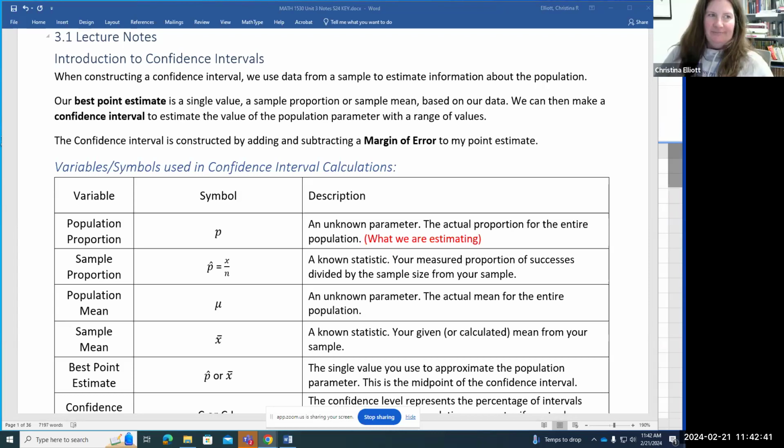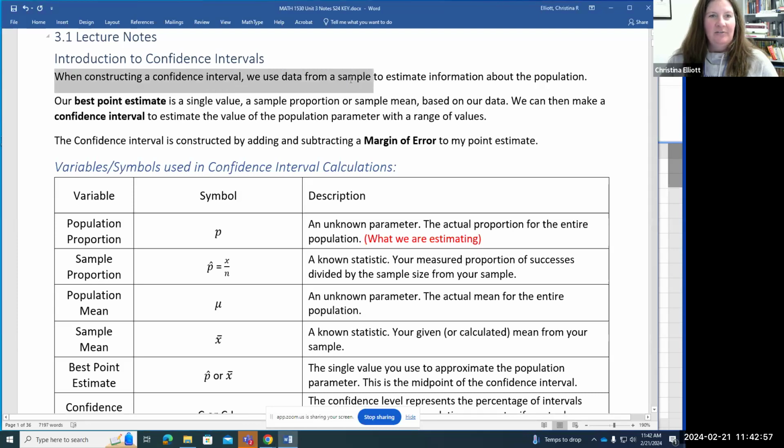So first of all, let's talk about inferential statistics. We should, because we should at least know what we're doing. When we construct a confidence interval, we are using data from a sample to estimate information about the population.